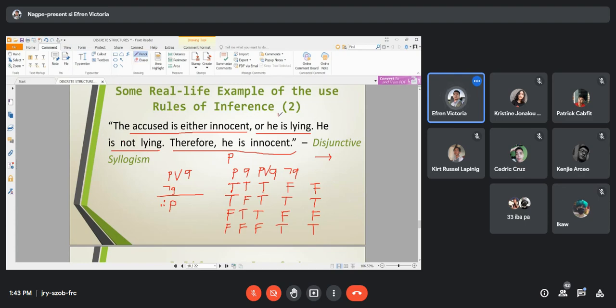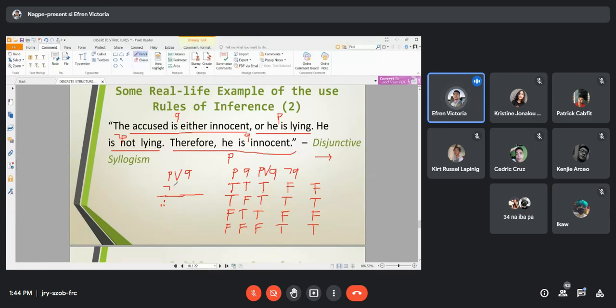So ito si P. Ito si Q. So if Q then P, so he is not lying. So ito ay magiging not P. Therefore, he is innocent. So ito ay Q. So ngayon, subukan natin gawin yung truth value ng form na yan, which is yan yung disjunctive syllogism.